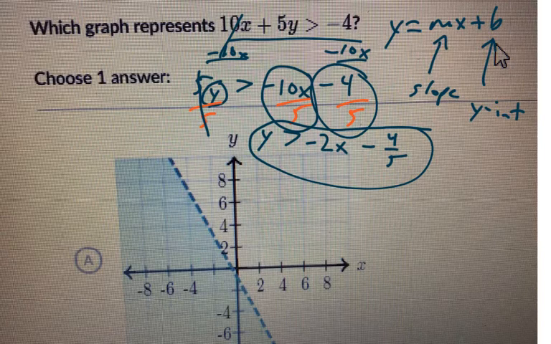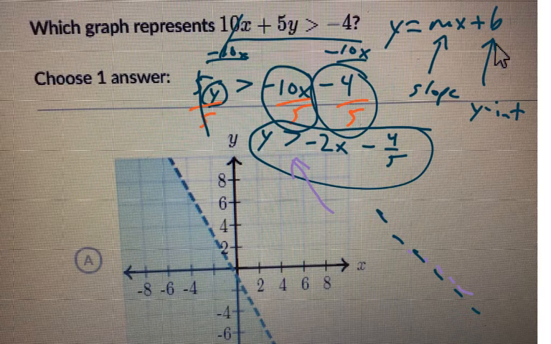So, here's a key thing, guys. This is a greater than. What that means is we're going to have a dotted line. Let me use my black here. That seems to show up best. So we're going to have a dotted line because greater than and less than are not equal to unless they put a line underneath it, right?